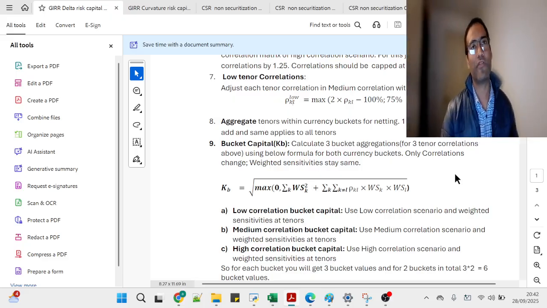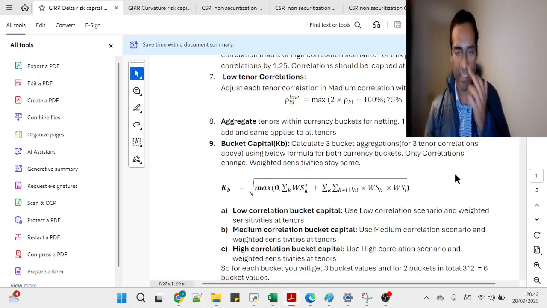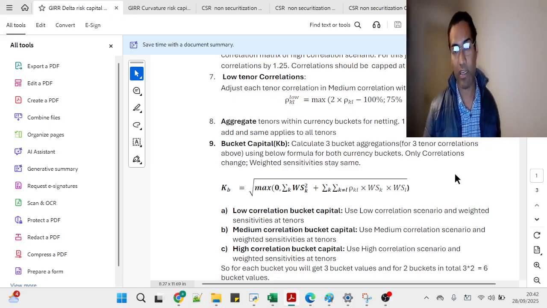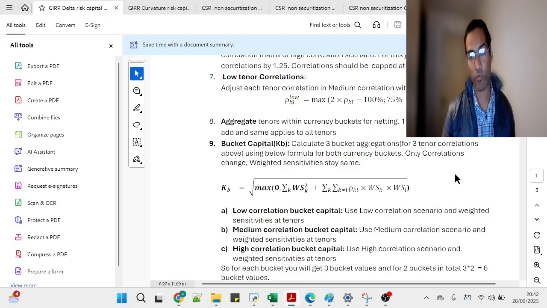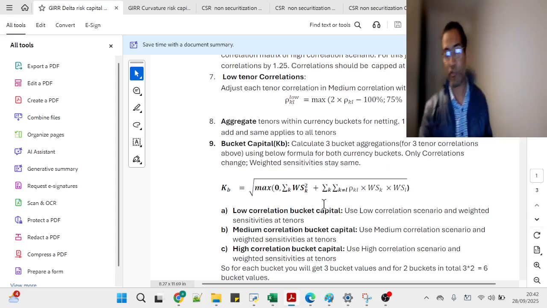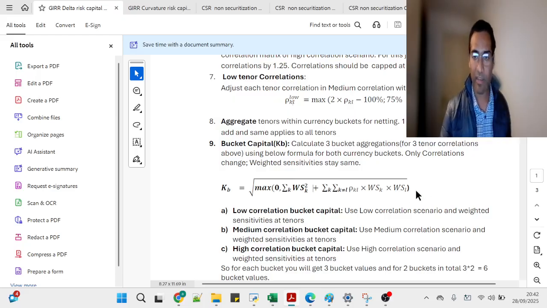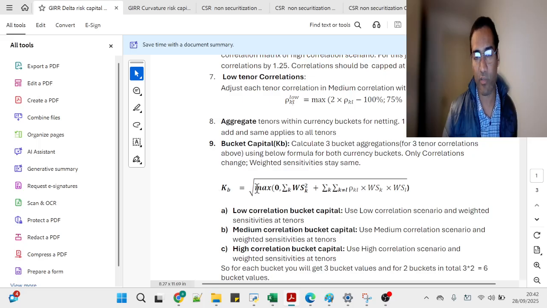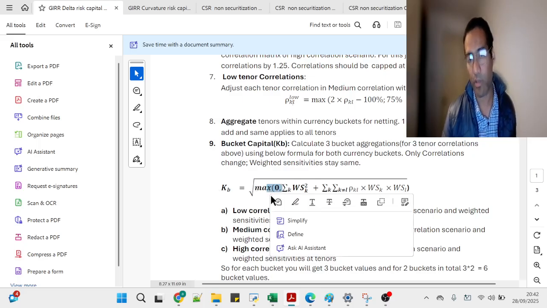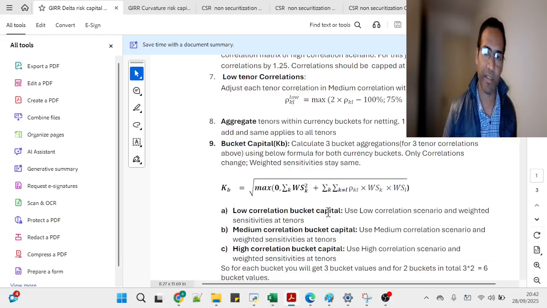If two sensitivities are perfectly correlated, then it is a square plus b square plus 2ab: weighted sensitivity K square plus weighted sensitivity L square plus 2 times weighted sensitivity K times weighted sensitivity L. If you remember that formula, it is easy to understand. If the correlation is 0, then this cross part just disappears and only the squares remain. So that's the important point.